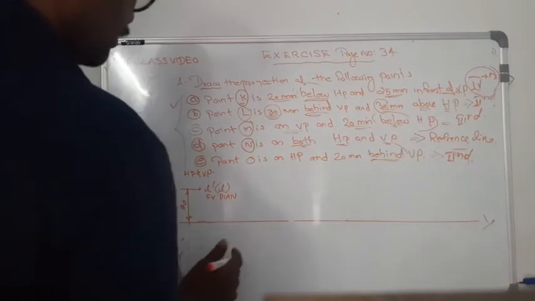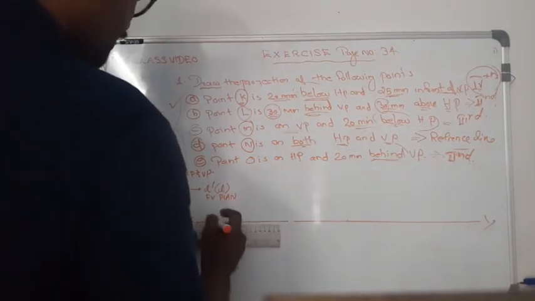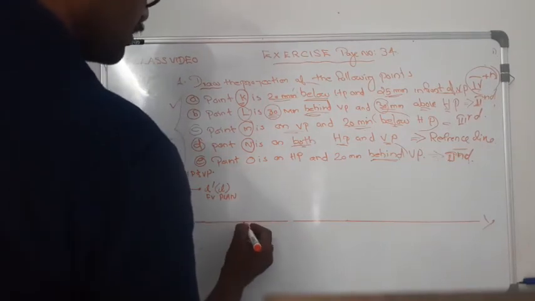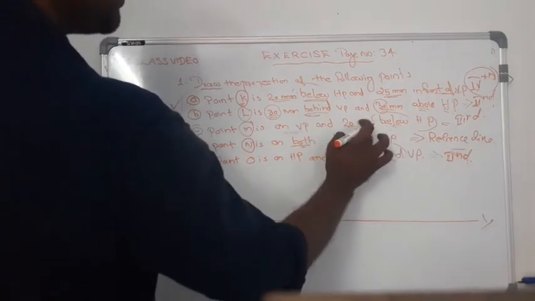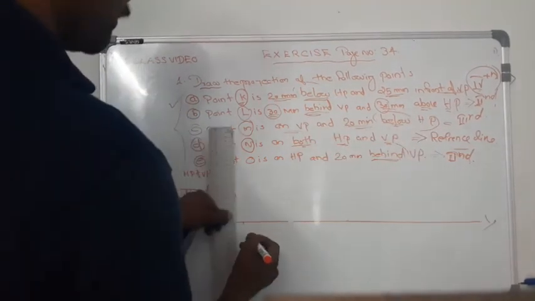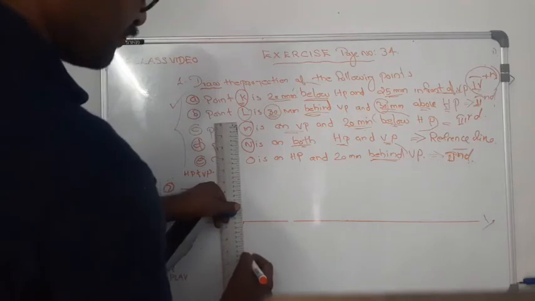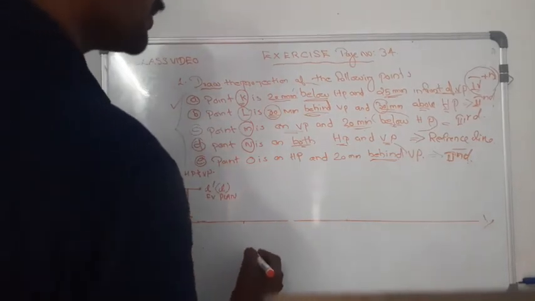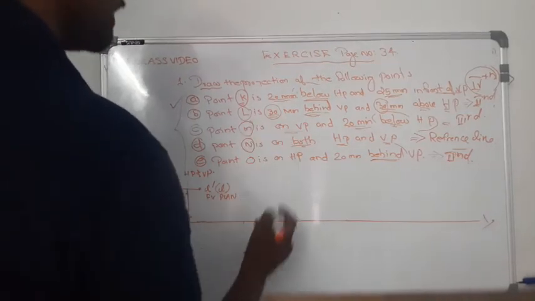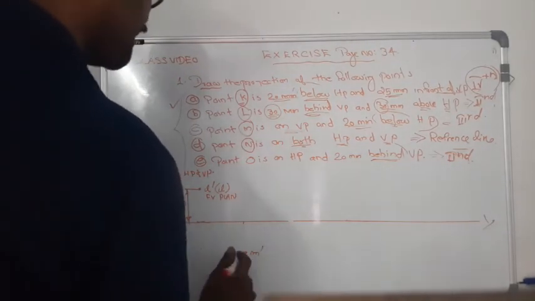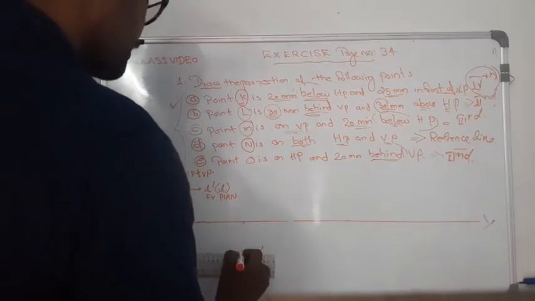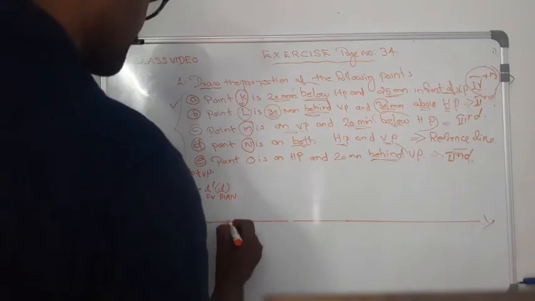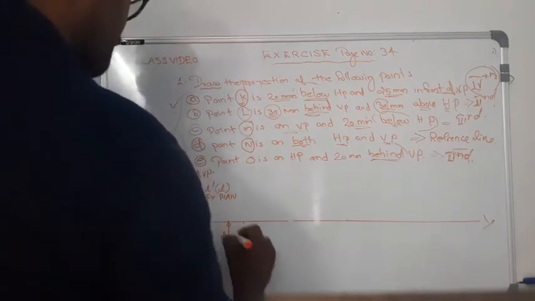Now, keeping 30 mm distance from here, put a point here keeping 20 mm below HP, and that point is marked as m dash. This distance is 30. This is the front view.